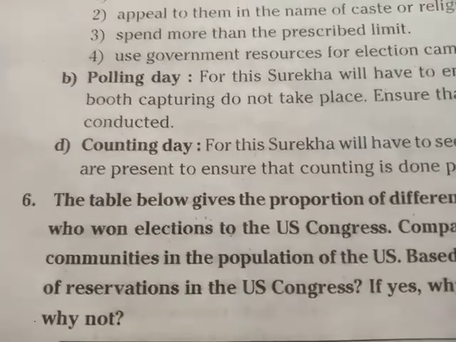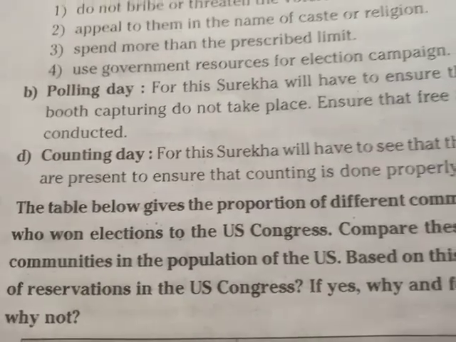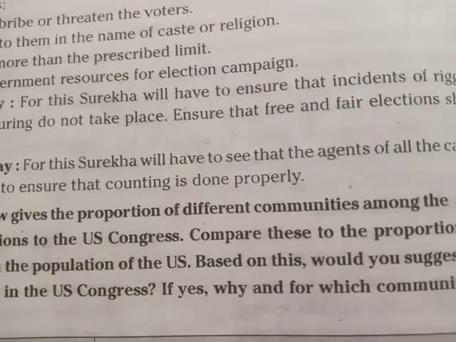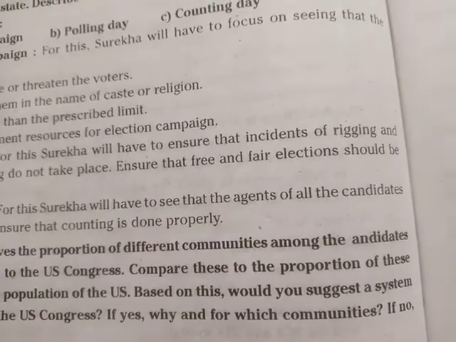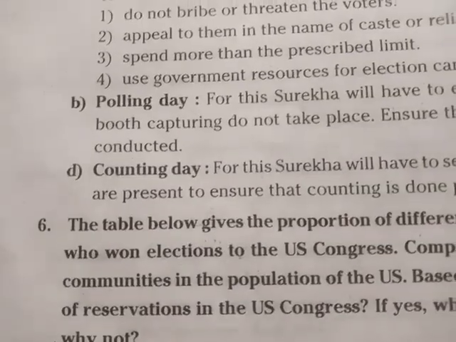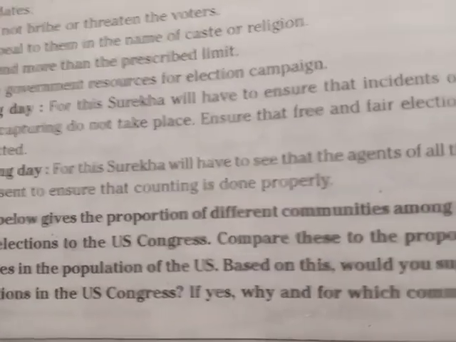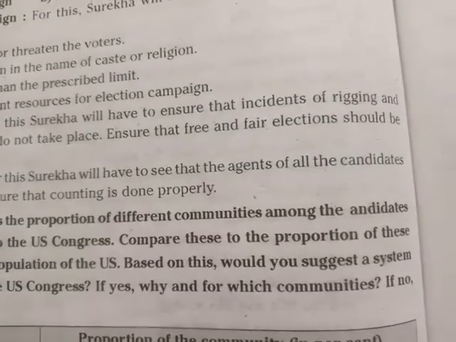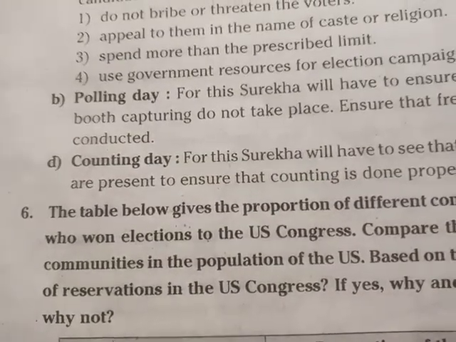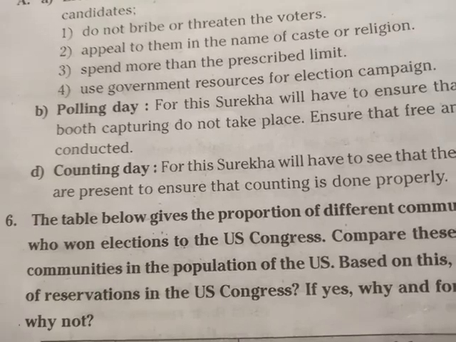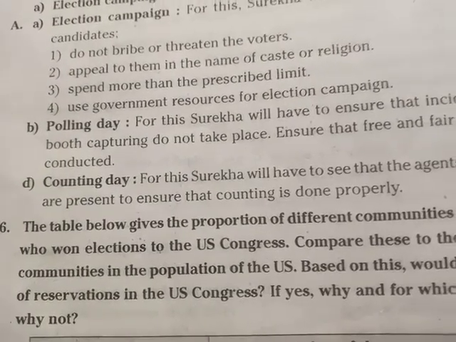Sixth question. The table below gives the proportion of different communities among the candidates who won elections to the US Congress. Compare these to the proportion of these communities in the population of the US.